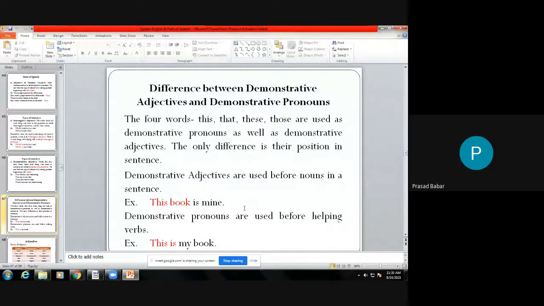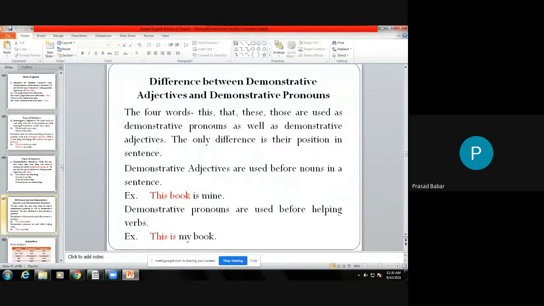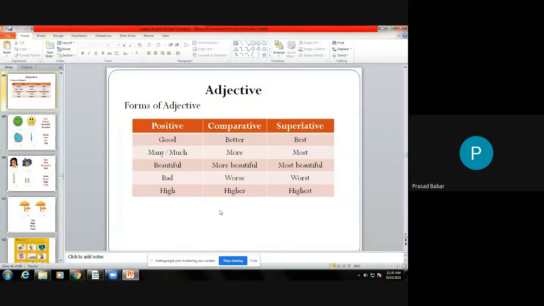And demonstrative pronouns, when they are used before helping verb, then they are called as demonstrative pronoun. So in the next example, this is my book. Here, this is used before the helping verb. Okay, and that is why it is called as demonstrative pronoun. Okay, this is the difference between them.